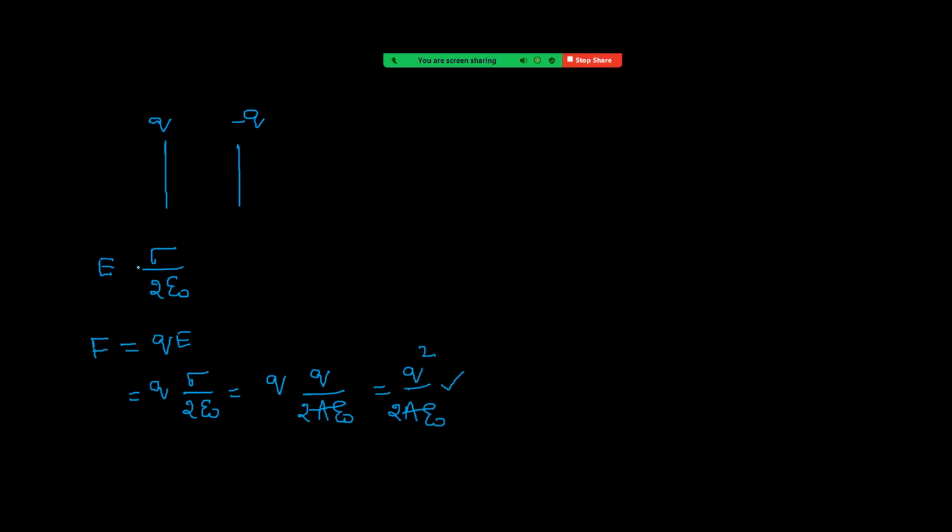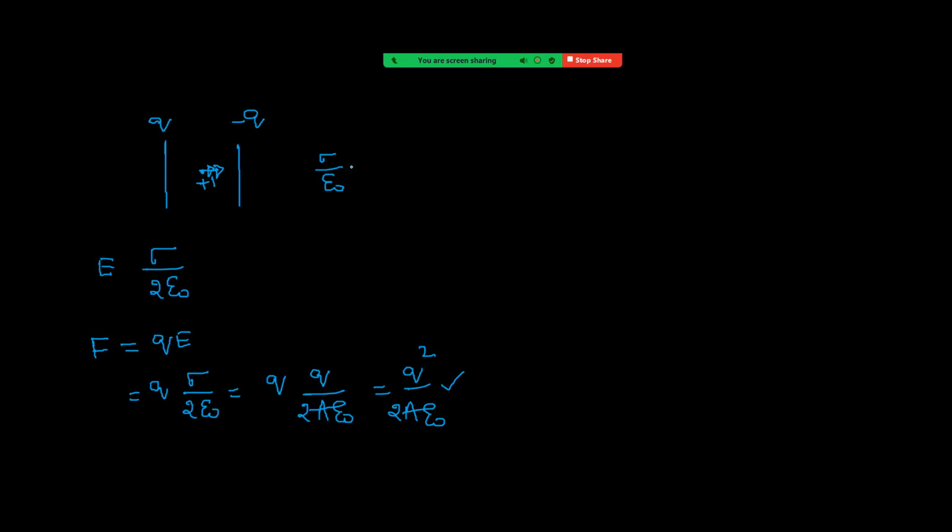So here there's a chance of making a mistake because earlier we took sigma upon epsilon naught. But remember that that is the field due to both the charges. If I imagine here a plus Q charge or unit positive charge, this is repelling and this negative is attracting, so both fields are in the same direction.